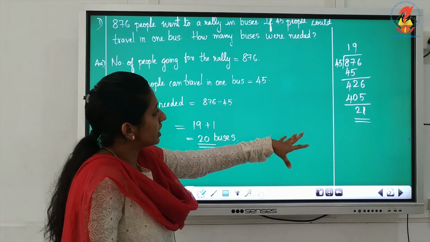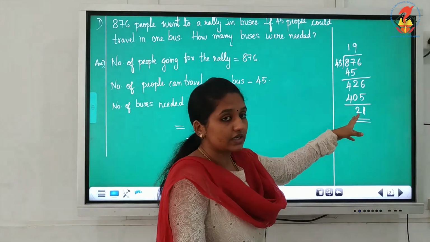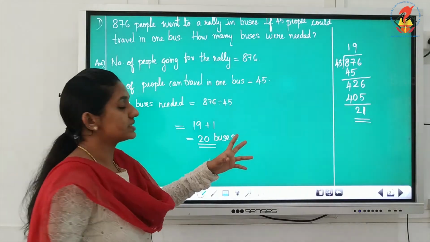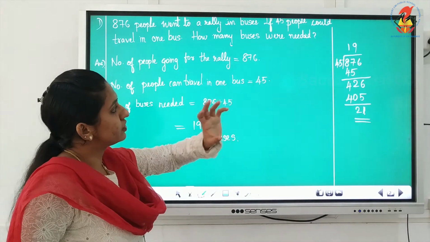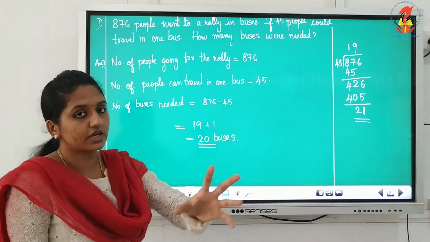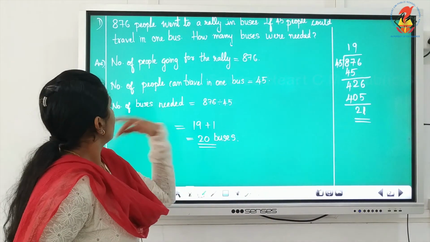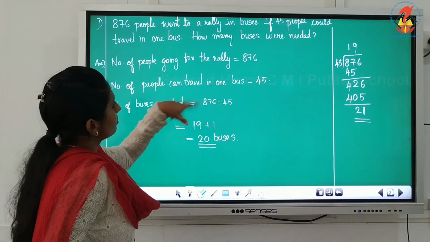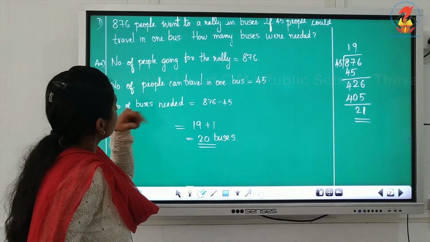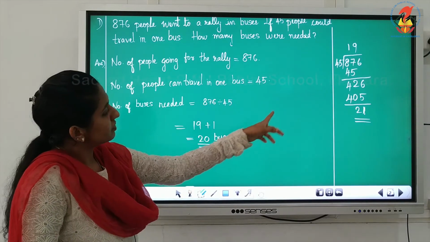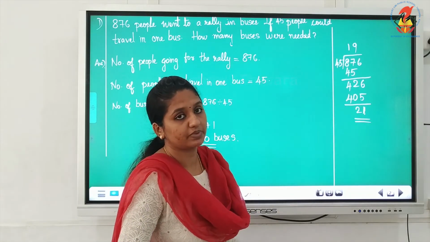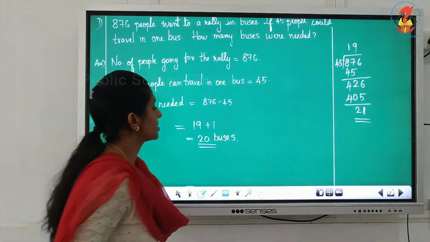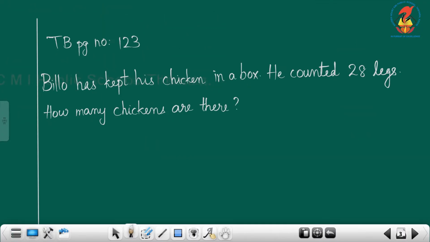After the division, we get the remainder. That remainder means the number of people left. So, 19 buses are full, each carrying 45 people. So, one more bus we take to carry the balance 21 people. Clear? Okay. We can move to the next section.